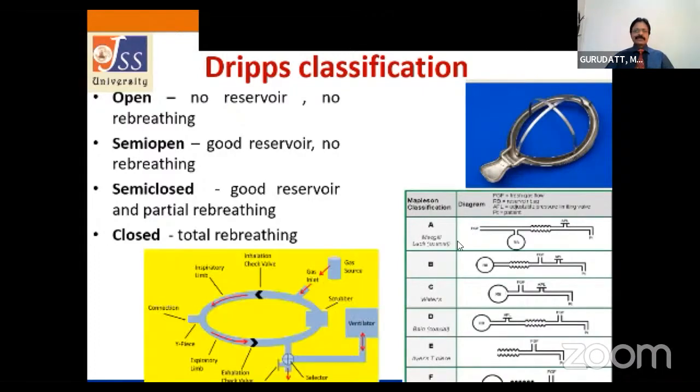Semi-closed is the closed circuit with an absorber, when the APL valve is partially open. When it is completely closed, the circuit was called a closed circuit. But as I told you, there were a lot of problems with this classification by Dripps, so at present the best thing would be to go for a functional classification.